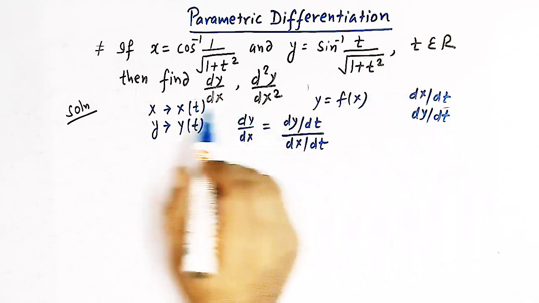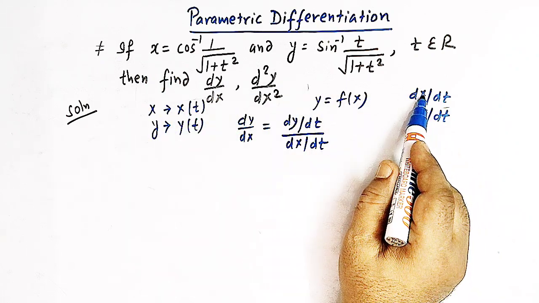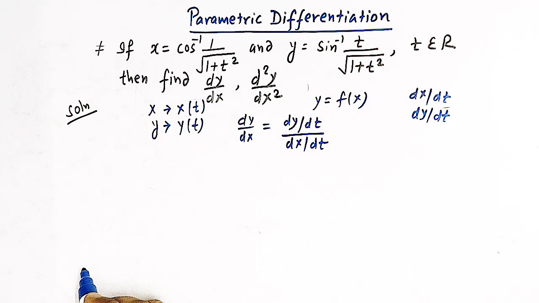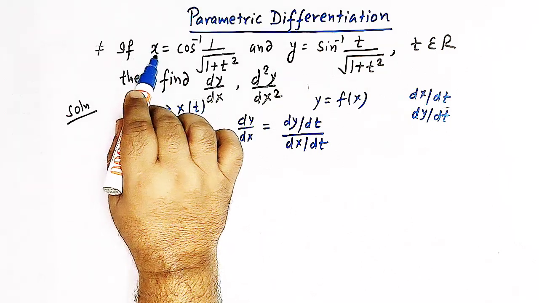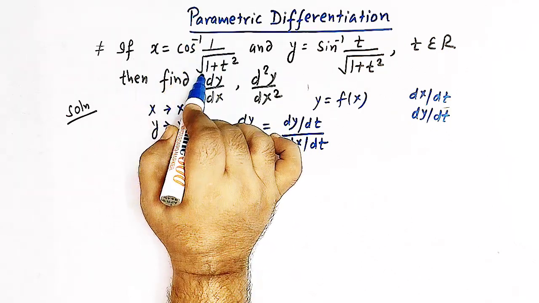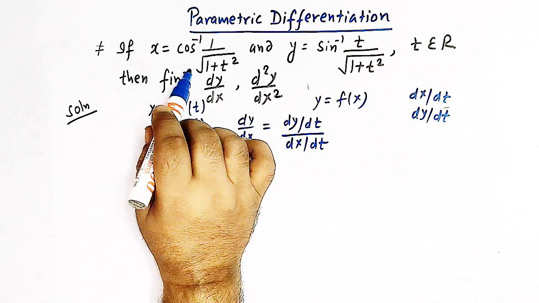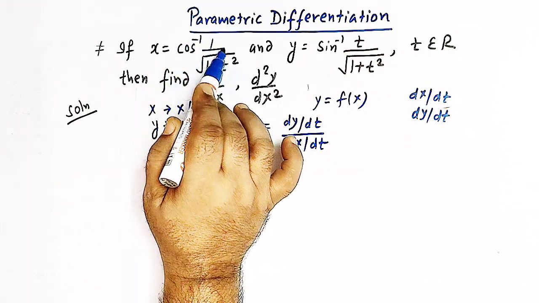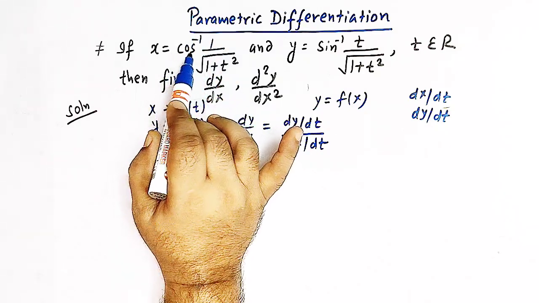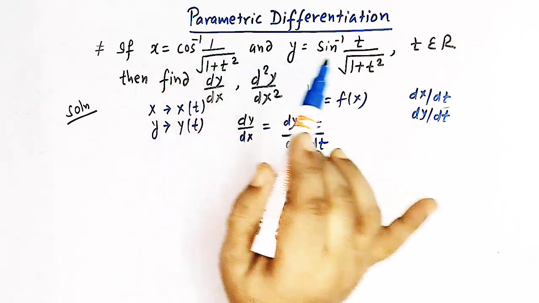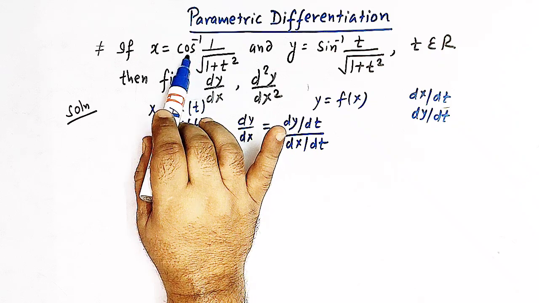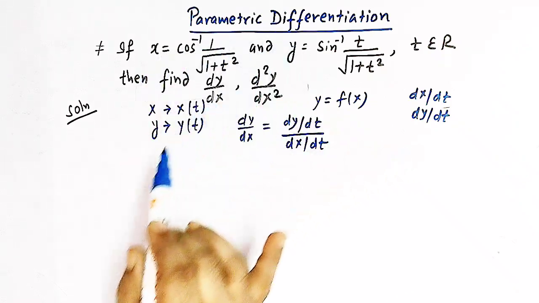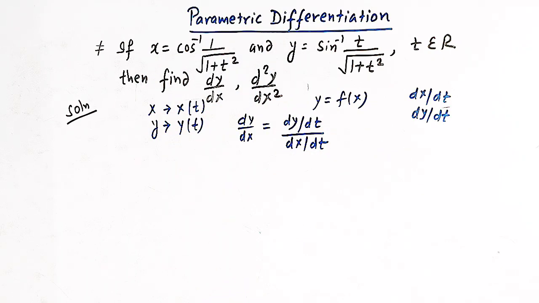So the first objective is to get the derivative of x and y with respect to t. Here x is equal to cos inverse 1 over square root of 1 plus t square, so we have to find dx over dt. Now see here we have a function of cosine inverse. So let us first simplify x and y by the method of substitution, or by introducing another parameter.